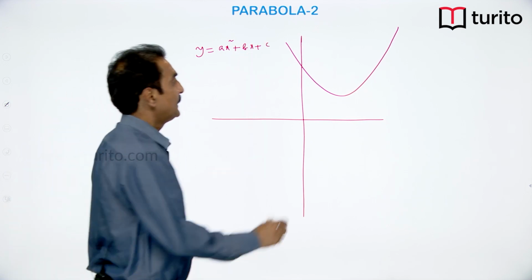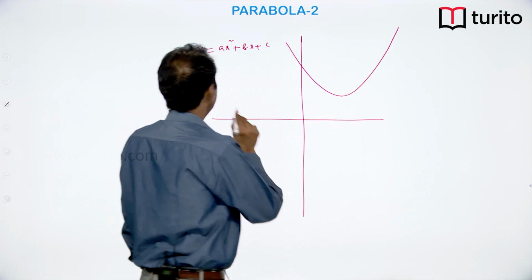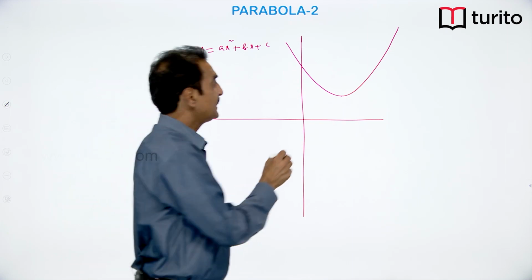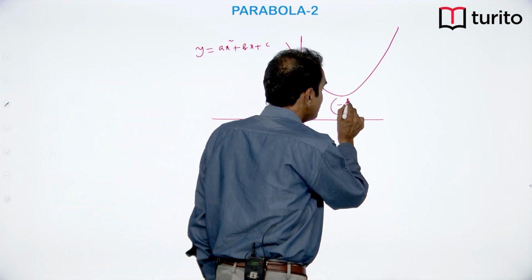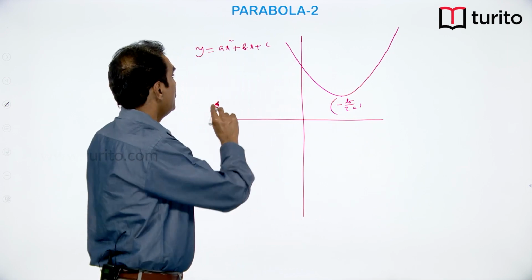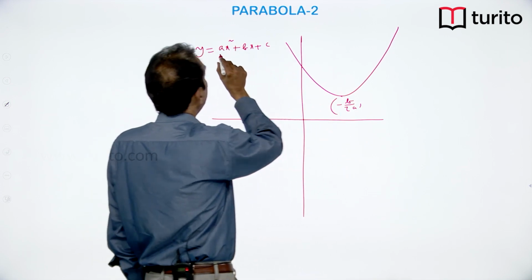At the bottommost point, you know that the derivative is 0. If you take dy by dx equal to 0, you will get the x coordinate as minus b by 2a, and this is the minimum value of this quadratic function.